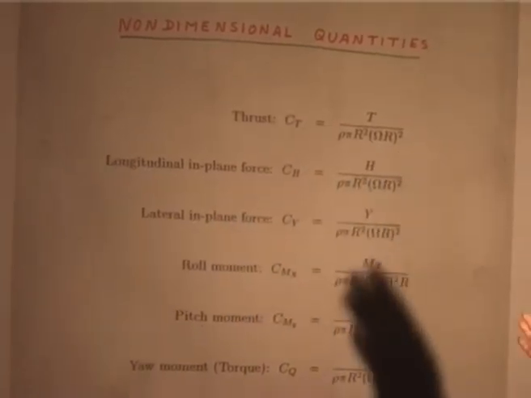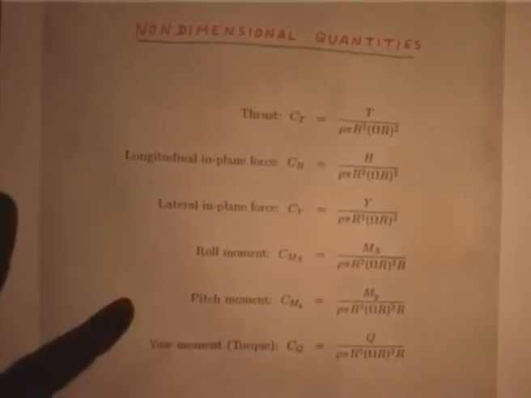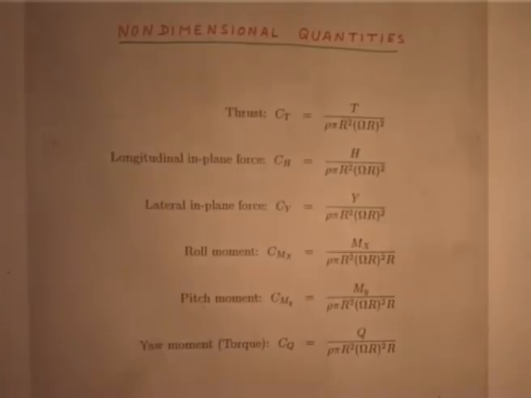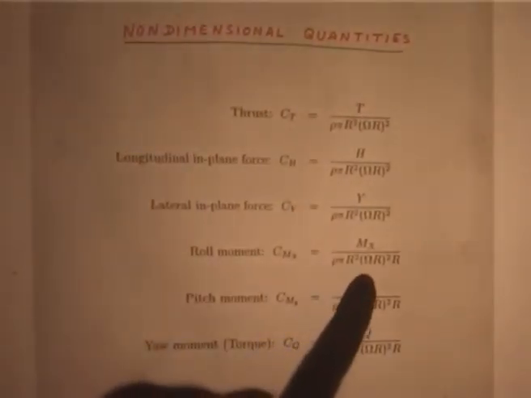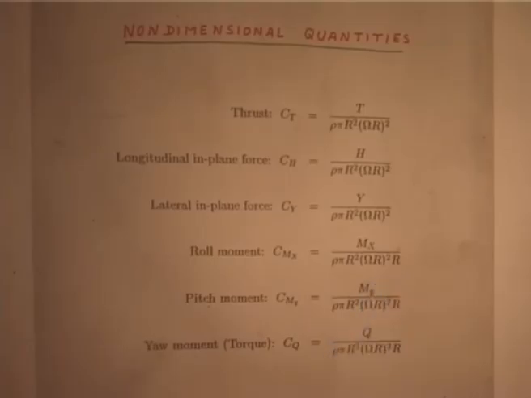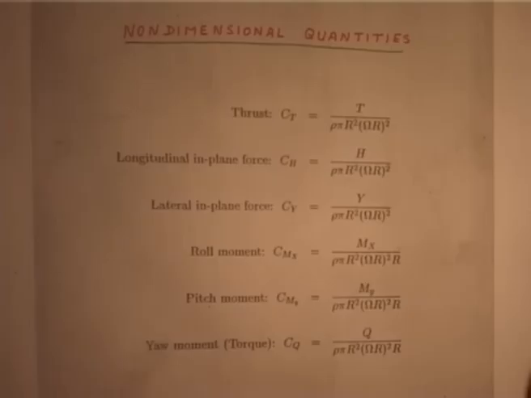Now, we are going to get all the hub loads, but non-dimensionalized: rho pi R square omega R square for forces, and for moment rho pi R square omega R square into R. This is the moment, non-dimensional.